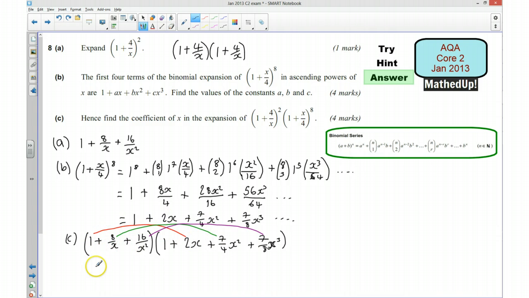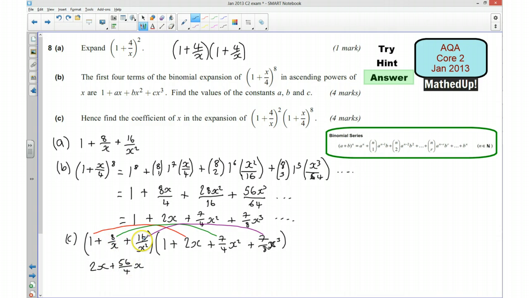So 1 times 2x is going to be 2x, and 8 over x times 7 quarters x squared, well, the x squared over x is going to give me the x, so I'm going to have 56 over 4 times x.